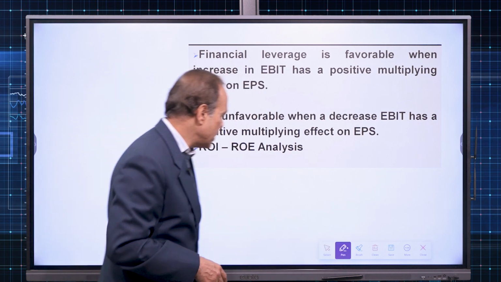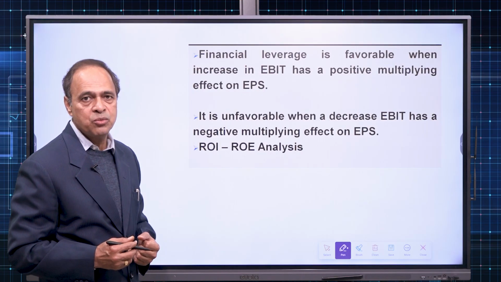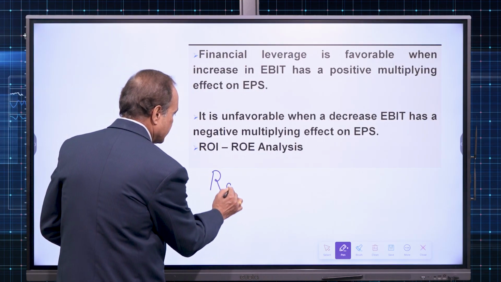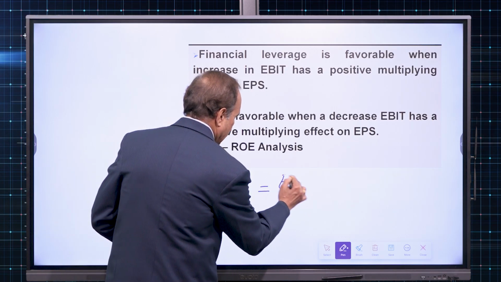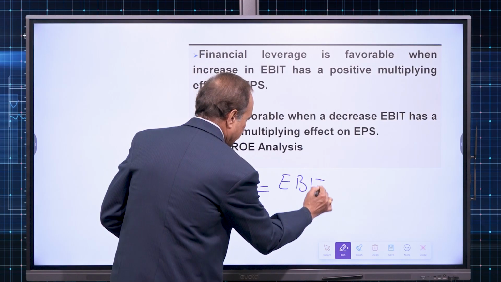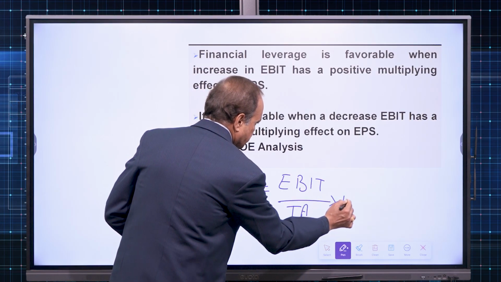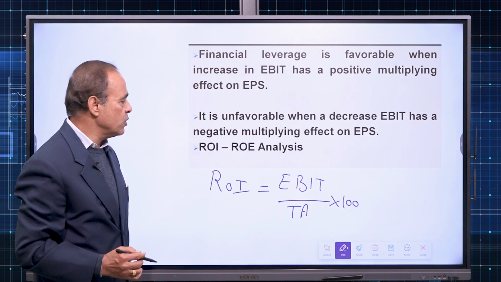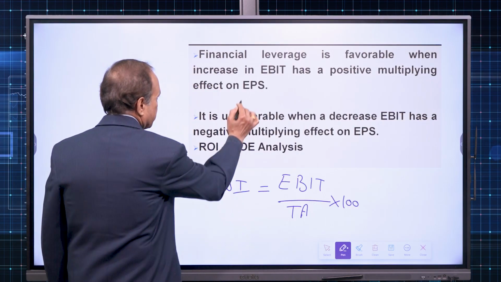The formula for ROI, I'll give you, because sometimes in examination numericals it might be required. For the purpose of leverage analysis, the best formula for ROI is EBIT upon total assets times 100. So we will be simply calculating ROI like this. And how do we calculate ROE?